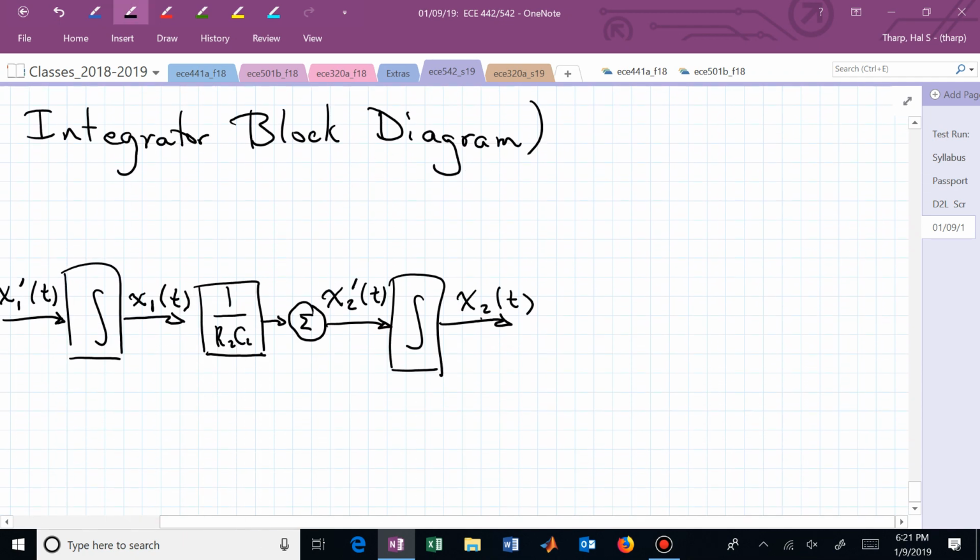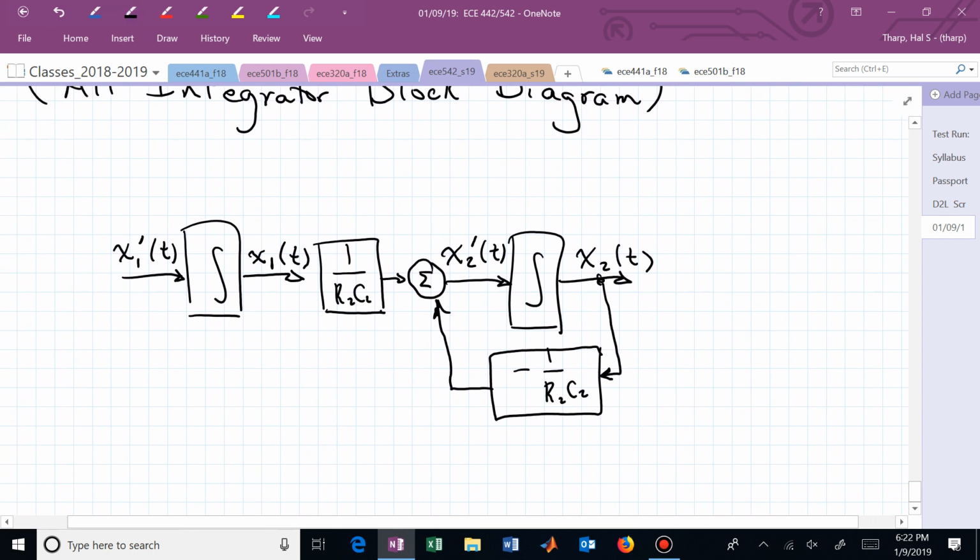And here's x2. I pull that down, scale it with that weighting, and now I've built a connection for x2 prime.